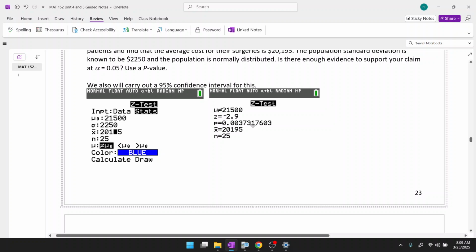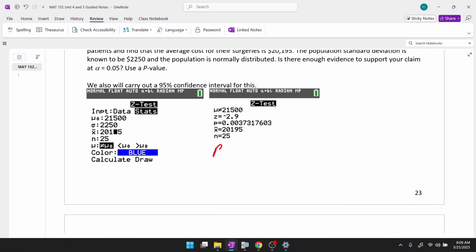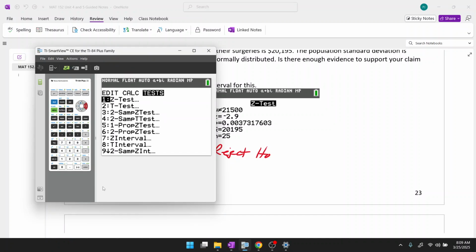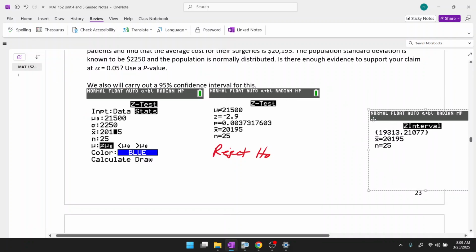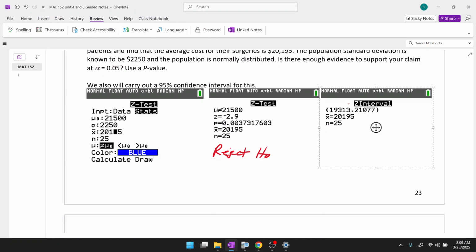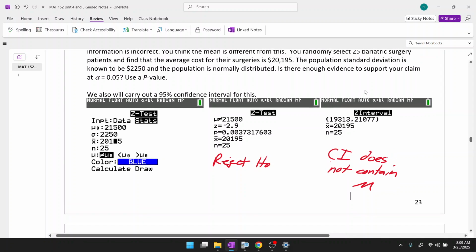And since it's sufficiently low enough, you definitely reject your null here. And we go into the corresponding interval. We see that the confidence interval in and of itself does not contain our claimed mean. So that's what we've got for all this. Not a bad deal here.